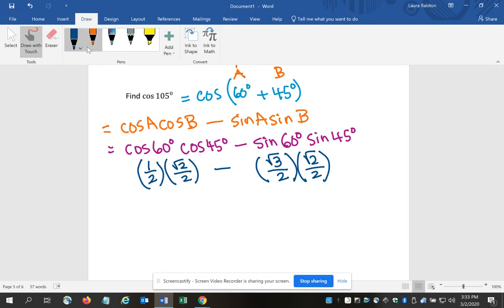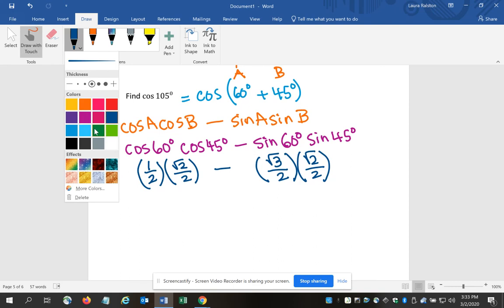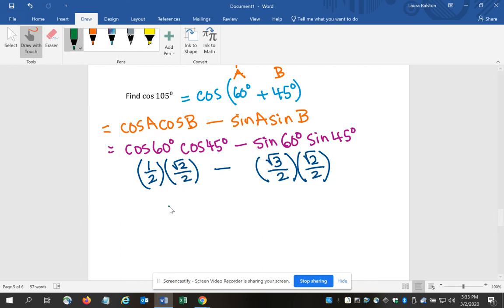Okay, then I'm going to perform the multiplication. Remember, multiply the numerators, multiply the denominators. So I would have 1 times the square root of 2, which is the square root of 2 over 4, minus square root 3 times square root 2, we would get square root 6, and multiply underneath. 3 times 2 is 6, over square root 4.